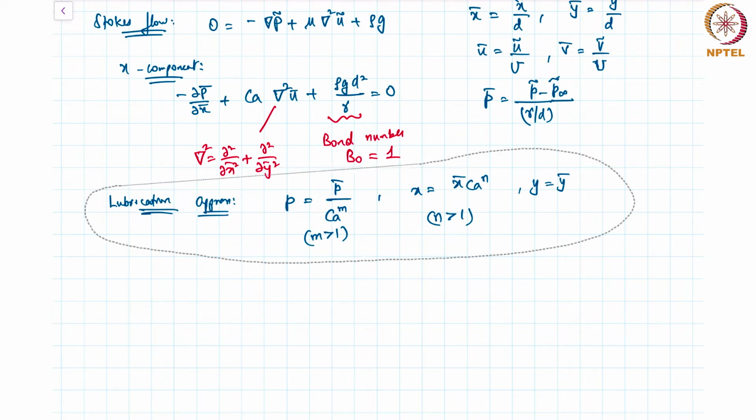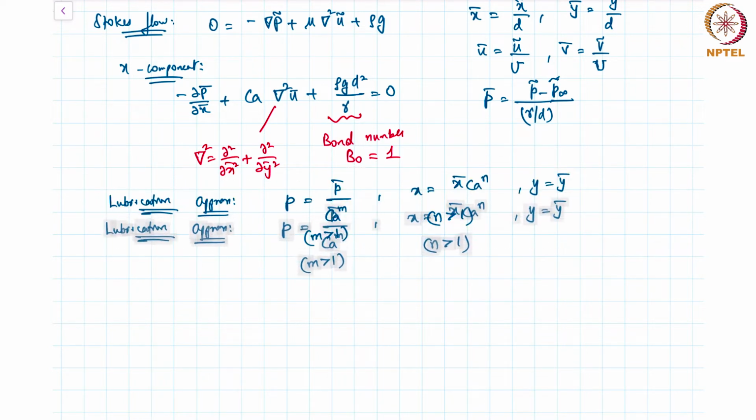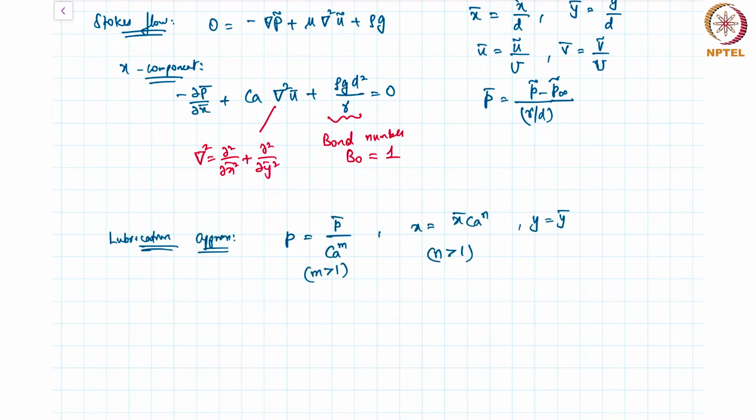I forgot to mention the normal stress balance, because we have an interface here. In the original non-dimensional parameters, the normal stress balance simply becomes something like delta p, the pressure difference across the interface, will be of order capillary times viscous terms.